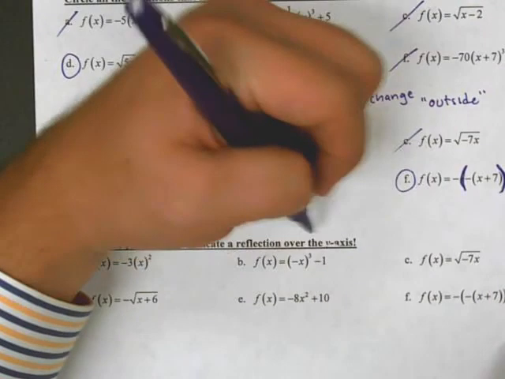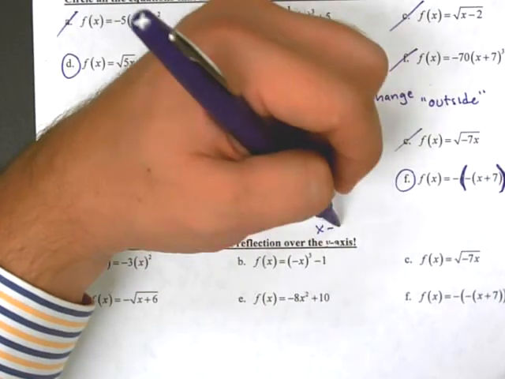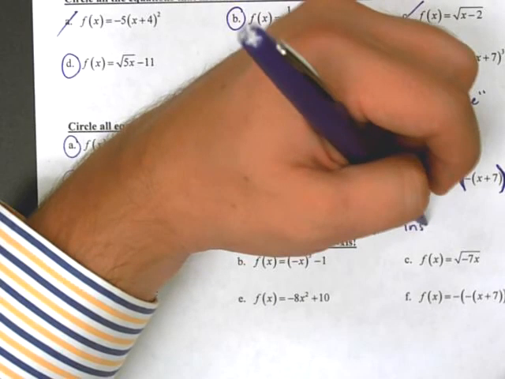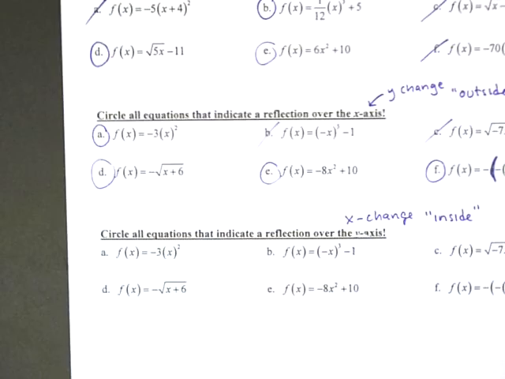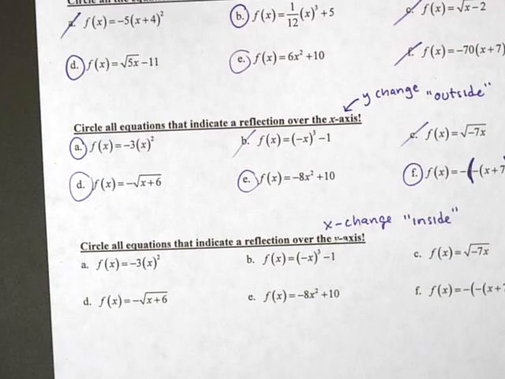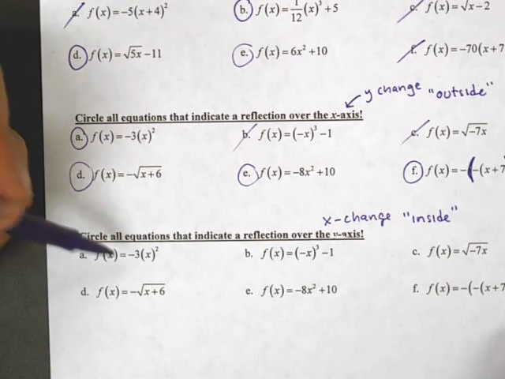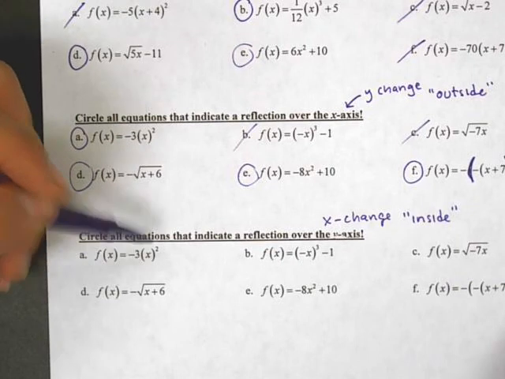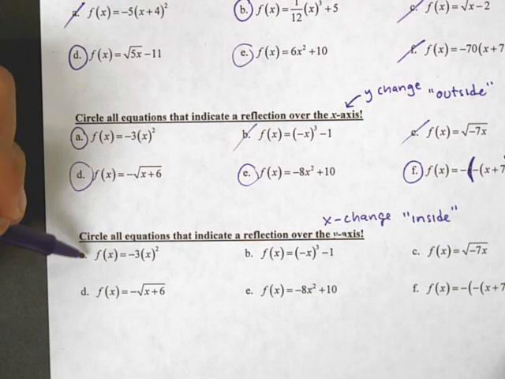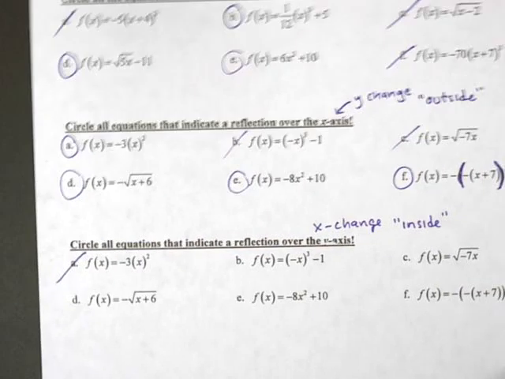Lastly, reflection over the y-axis is an x change, which means we're looking for a negative inside the function. Let's go through these quickly because I know my video is ridiculously long here. f of x is equal to negative 3x squared. Let's see here. No, negative is outside the function, so let's cross that.